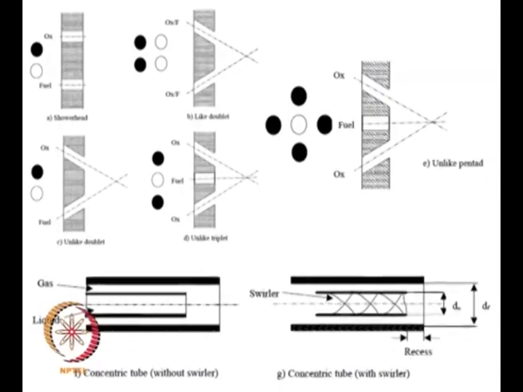In addition to this, we have looked at shower head and like and unlike impinging. I said there are coaxial injectors, which is shown here. Coaxial injectors are typically used for cases where you have liquid oxygen and liquid hydrogen, because if you remember, hydrogen would already be a gas.